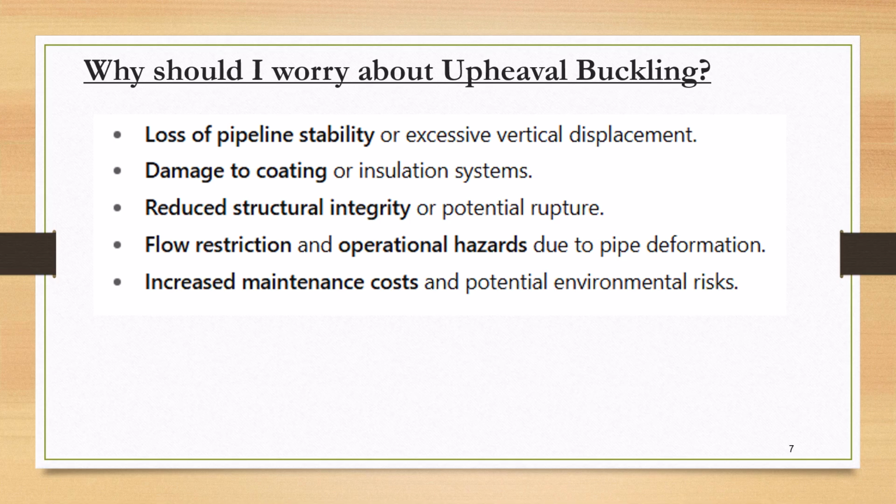So the main reasons why we should perform upheaval buckling analysis are loss of pipeline stability, damage to coating or insulation system, reduced structural integrity or potential rupture, flow restriction and operational hazard due to pipe deformation, increased maintenance costs and potential environmental risks.